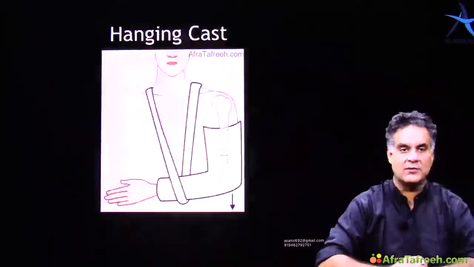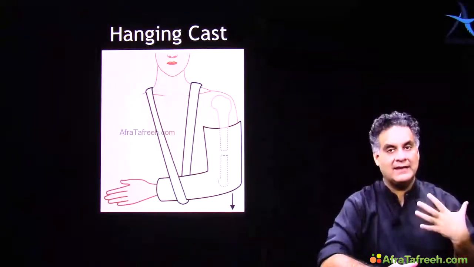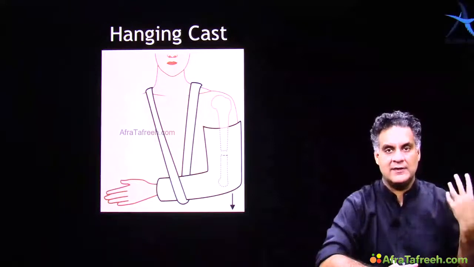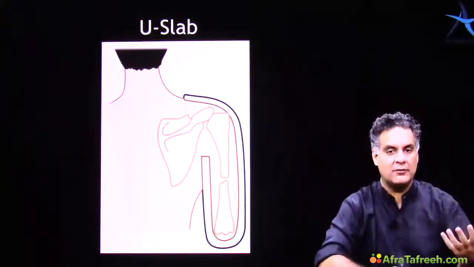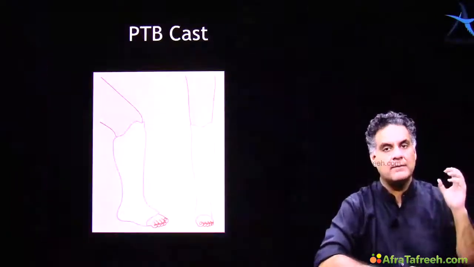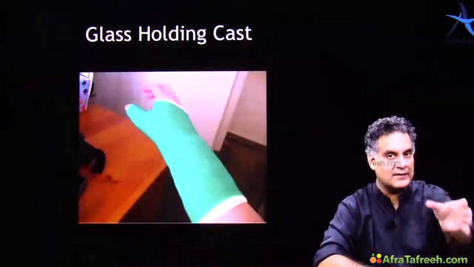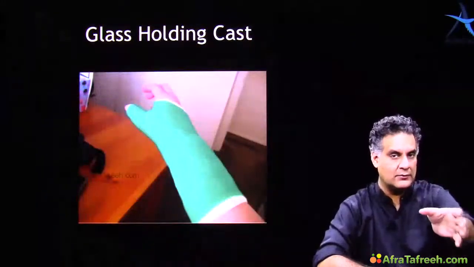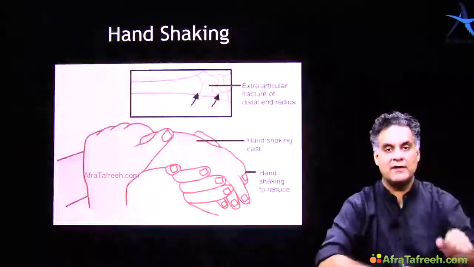Coming to the casts and the splints, hanging cast, H for hanging, H for humerus, is for fracture shaft of humerus. U slab is again for humerus. Cylinder cast is for the fractures of patella. PTB is for the fractures of tibia. Glass holding cast, where you align the radius and the thumb, is for the scaphoid.